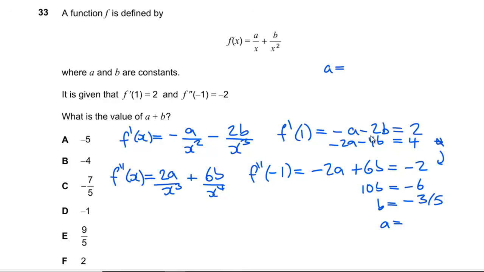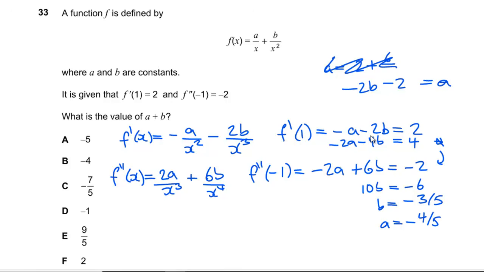I've got a is equal to 2 plus 2b, no, I've done that the wrong way around. A is equal to minus 2b minus 2. Right, so minus 2b is 6 over 5, and then I take 2 off of that. So that's going to give me minus 4 over 5.